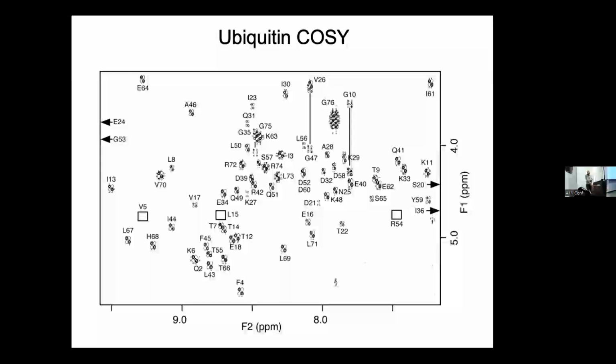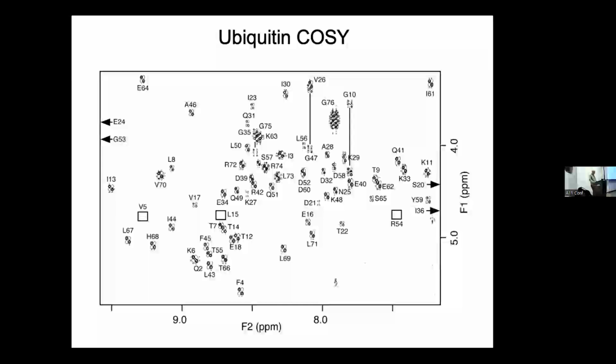Back when these homonuclear experiments were all that existed, there are papers tabulating all the different coupling patterns you expect to get for the amino acids and for the sugars and bases in nucleic acids, so that looking at the fine structure of the coupling could help resolve ambiguities as to what amino acids you were looking at.